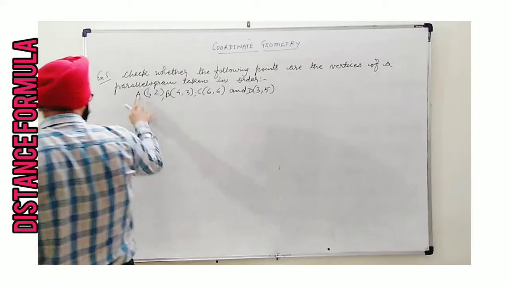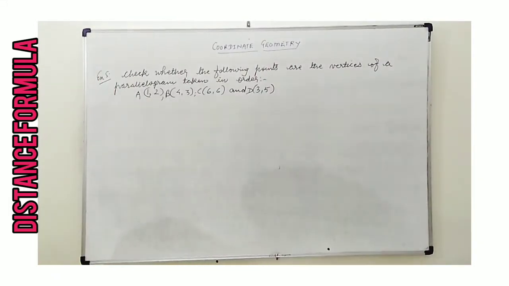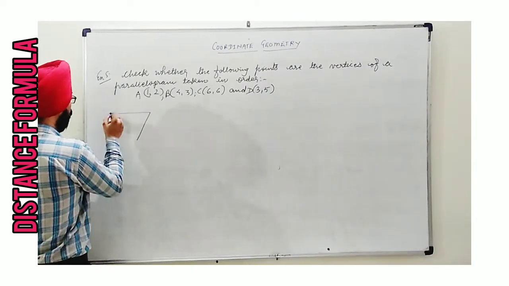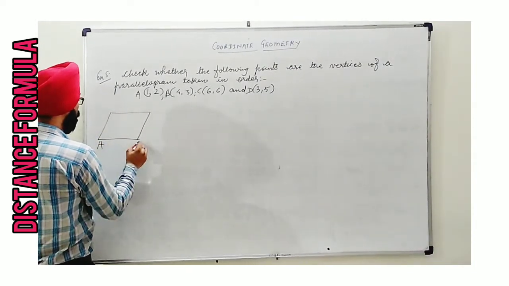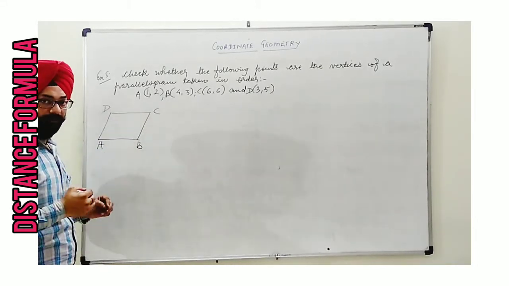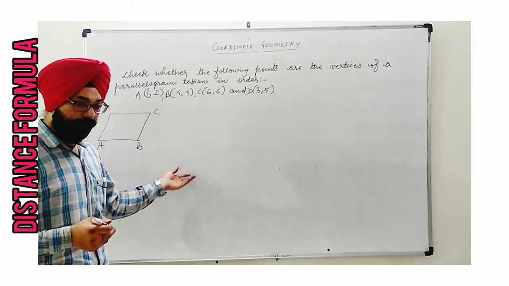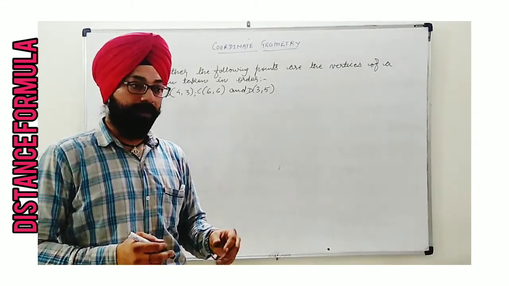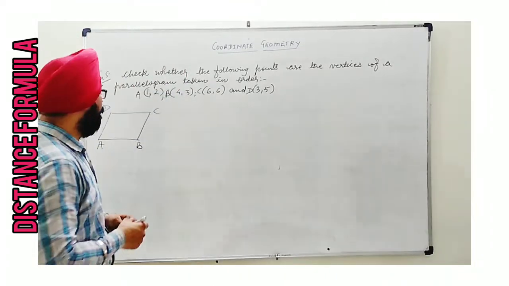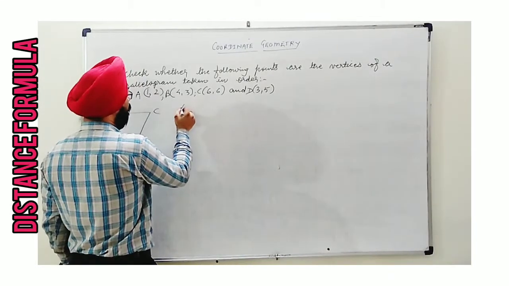We have to take them in cyclic order: A, B, C, D. So if I draw the rough sketch of parallelogram ABCD, I find opposite sides are AB and DC, and AD and BC. So as per the concept I gave you recently, we will use distance formula on these 4 sides to check whether opposite sides are equal. Let's start. Don't forget what the distance formula is.